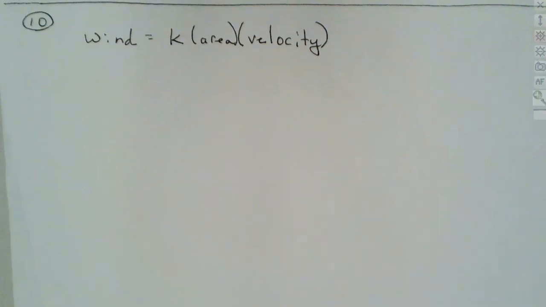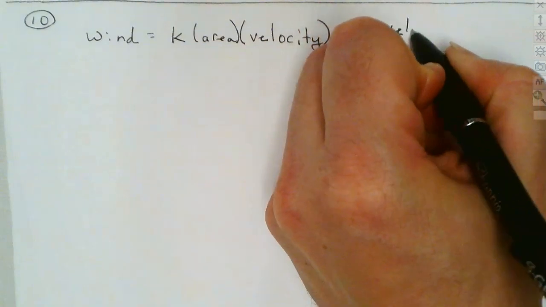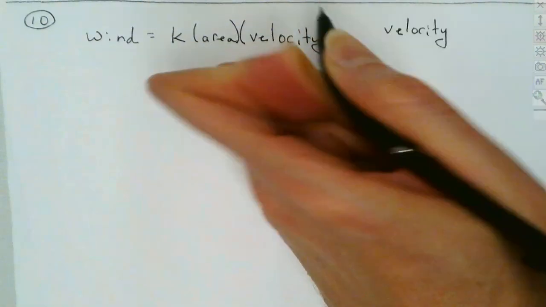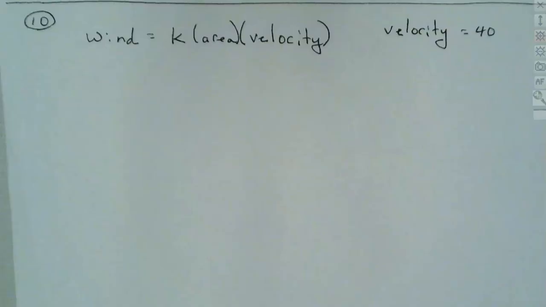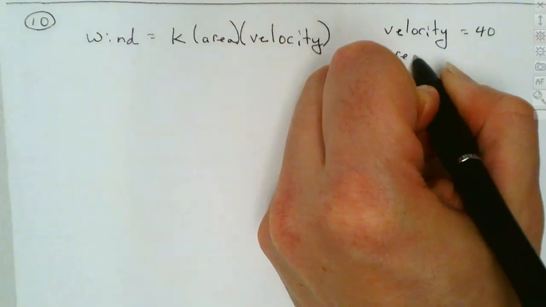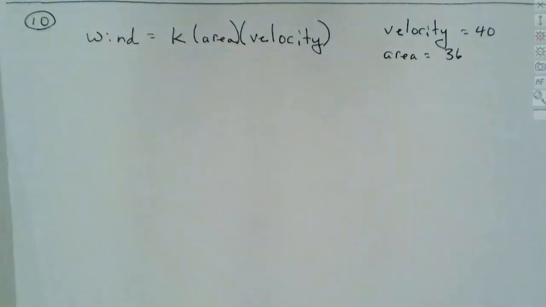So we're looking at question 10, and we need to plug our values in. It says speed of the car is at 40, so the velocity is 40. Surface area is 36. And it experiences a drag or wind resistance of 230.4.